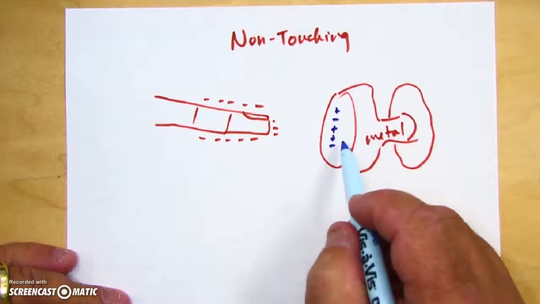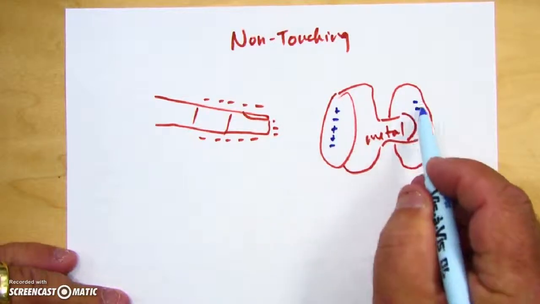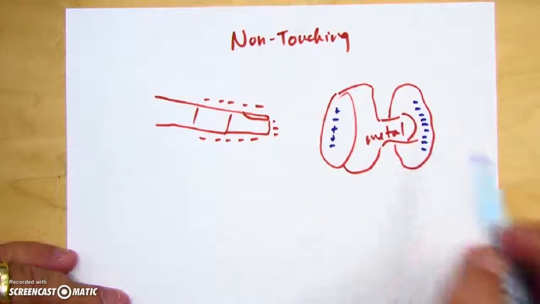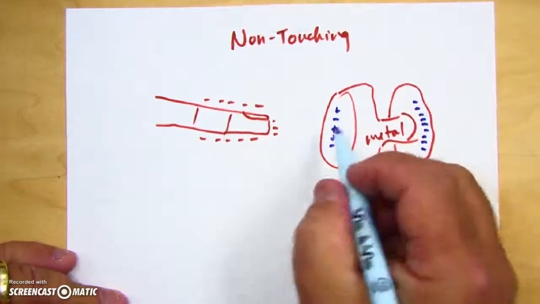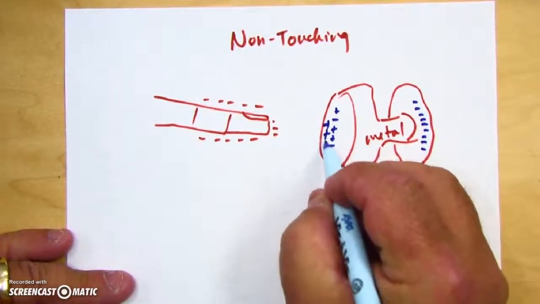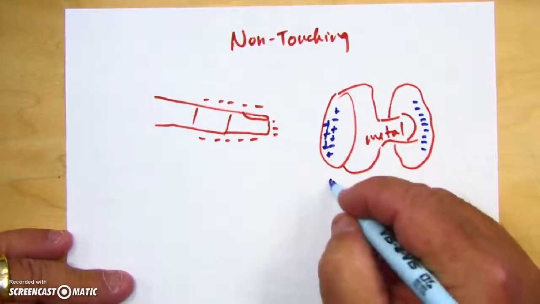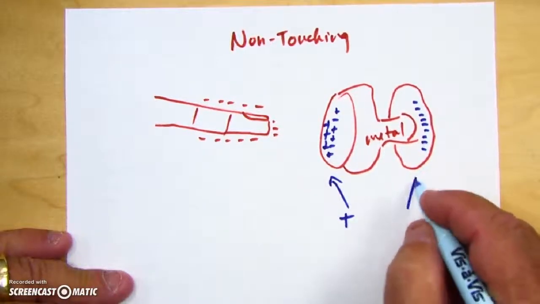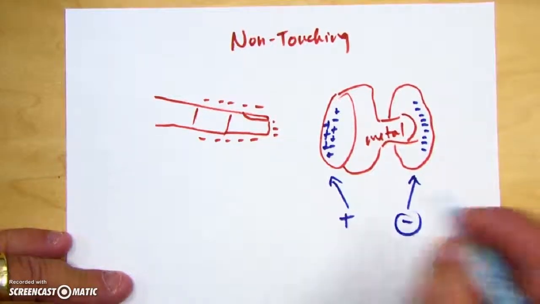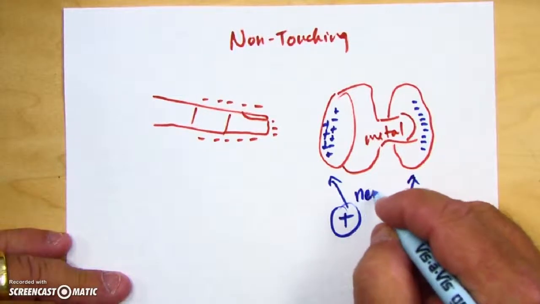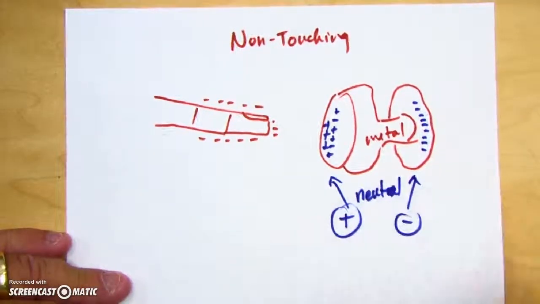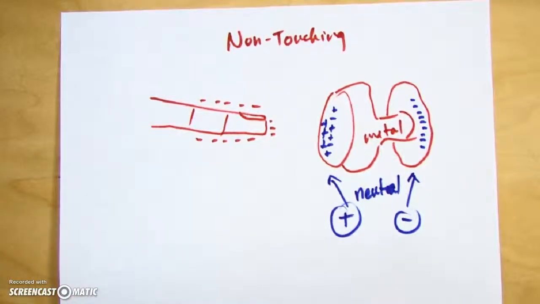But some negatives are going to migrate over here. If negatives migrate over here, then the net effect is this side becomes positive, that side becomes negative, but the whole object is still neutral. I haven't touched it yet.